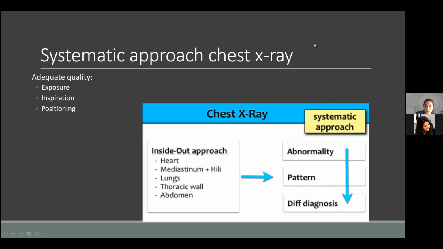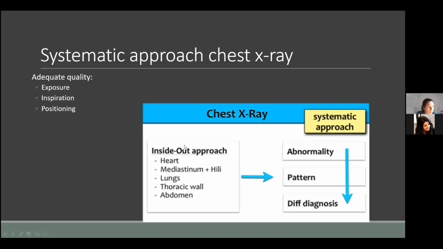If the exposure, inspiration, and positioning are assessed, you can move to assessment of the intrathoracic organs, evaluating them for abnormalities and patterns, and finally making a differential diagnosis. Every radiologist probably has a favorite approach to assessing an X-ray.